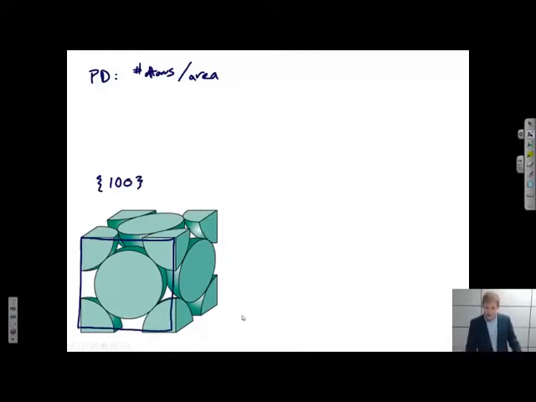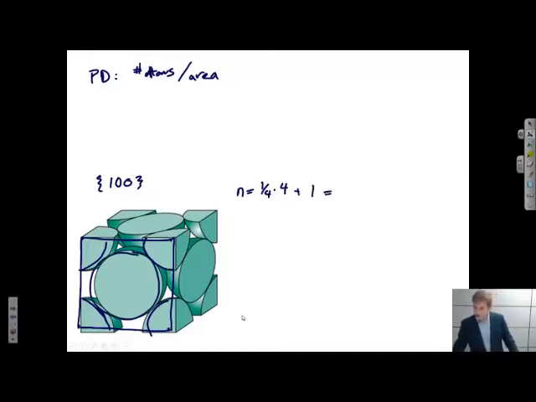Number of atoms: again, I see 4 atoms on the corners, but really only a quarter of each of those atoms is within this area. So n equals 1/4 times 4 plus 1 atom that's sitting right there in the middle, and all of that atom is in the plane in question. So that is 2 atoms.